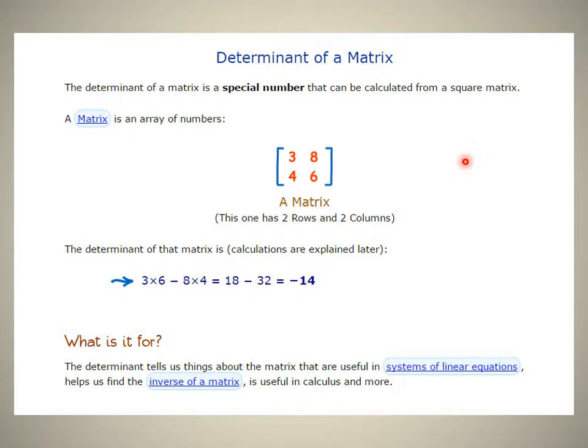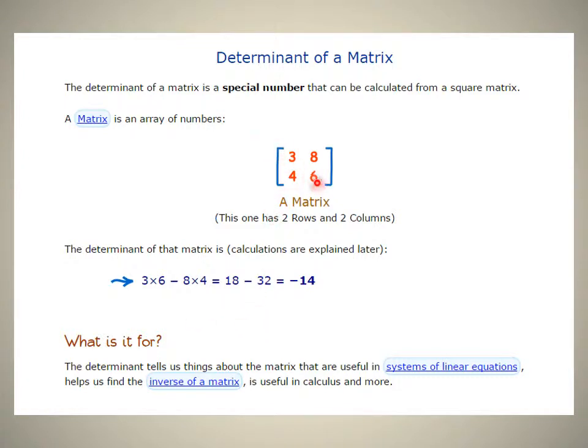The next very important calculation is the so-called determinant of a matrix, and that's a special number that can only be calculated from a square matrix. So only in the case of a square matrix one can calculate the determinant of a matrix. So if you have a matrix, in this case let's call it matrix A, and it's a 2 by 2 matrix, 2 rows, 2 columns, the determinant of matrix A will be 3 times 6 minus 8 times 4.